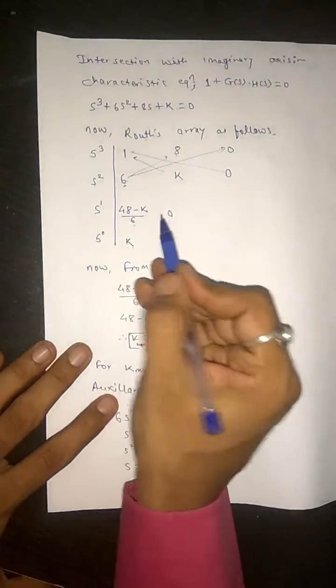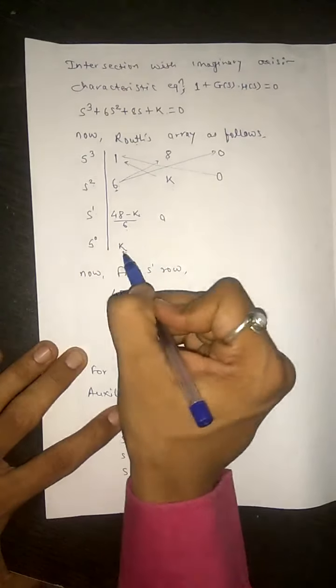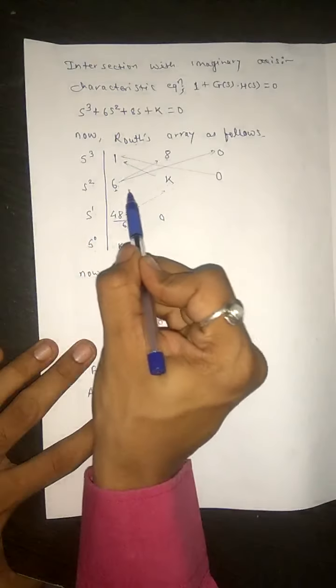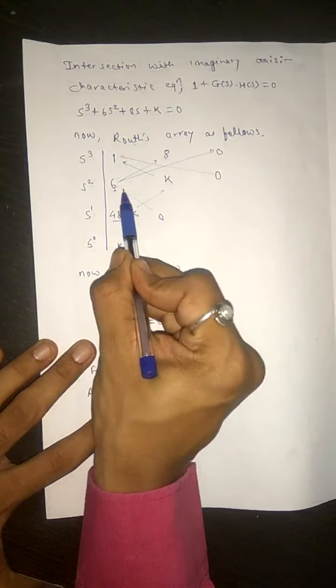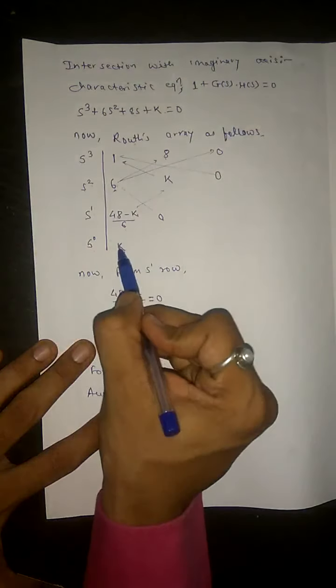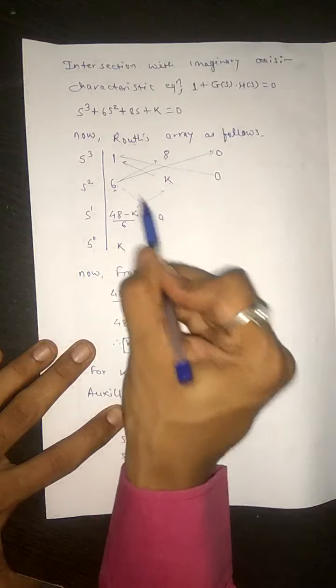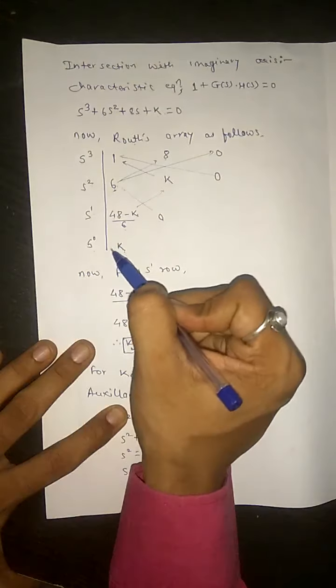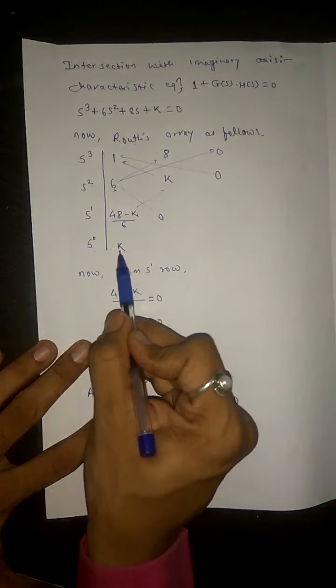And here do the same calculation: this term into k minus 0 into 6, divided by the same term. So this term in numerator and denominator gets cancelled and you will get only k here.